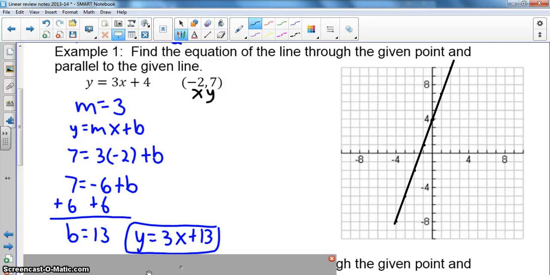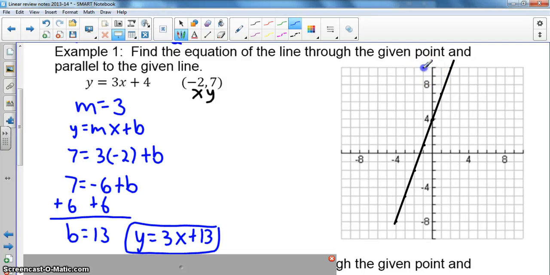So when we graph this line, and I'll do that in blue, it should be parallel to the black line over here and going through the point -2, 7. So let's try it. So first off, y-intercept of 13, that would be up here, and I have a slope of 3. So I'm going to go down 3 and over 1.